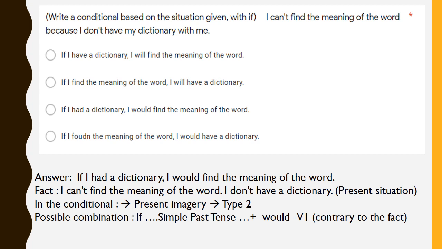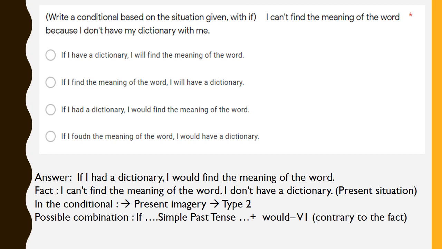Question: Write the conditional based on the situation given with if. I can't find the meaning of the word because I don't have my dictionary with me. Answer: If I had the dictionary, I would find the meaning of the word. The fact is, I can't find the meaning of the word.